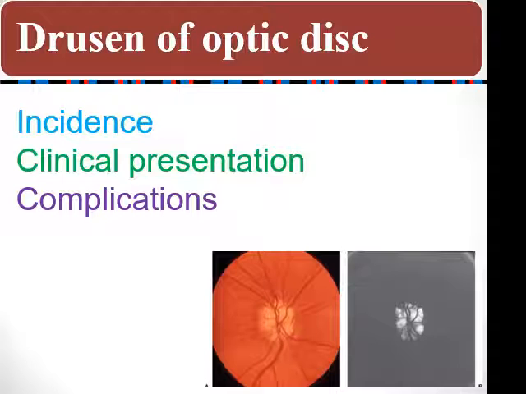Then, drusen come to the surface of the optic disc and appear purely white in color. They increase in size with the passage of years. Some cases with drusen of the optic disc are complicated by juxtapapillary choroidal neovascularization.